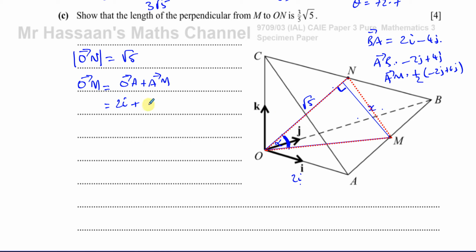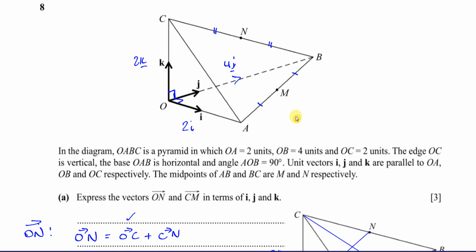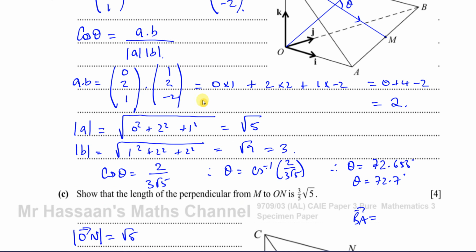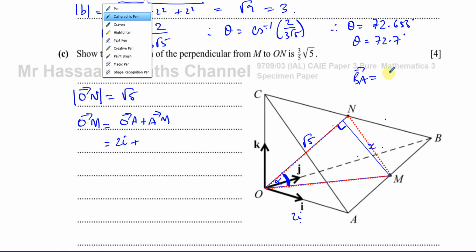Let me write this properly. As we said, B to A was 2i minus 4j.